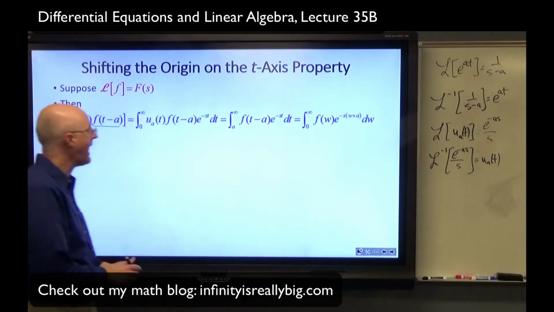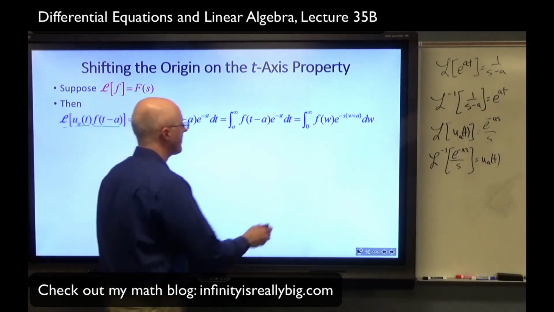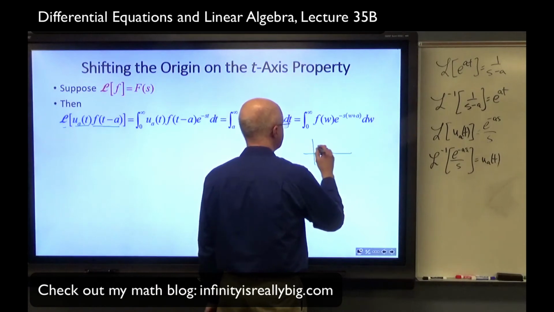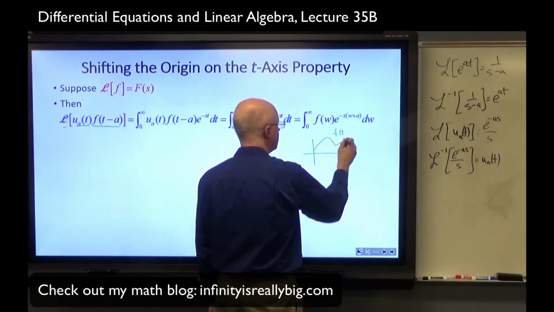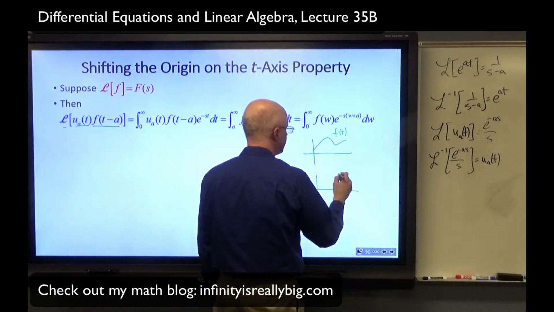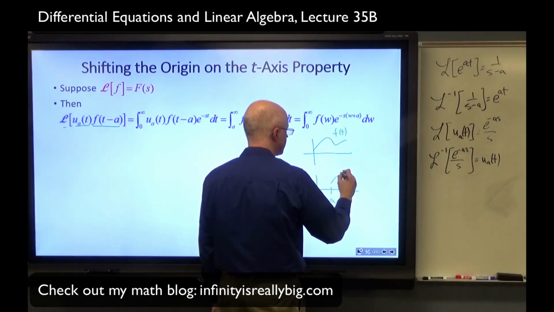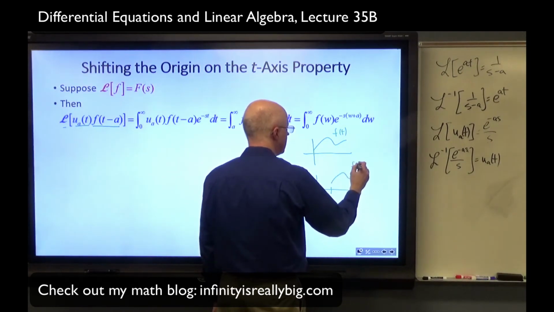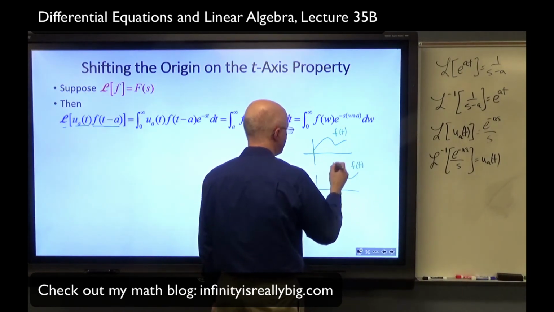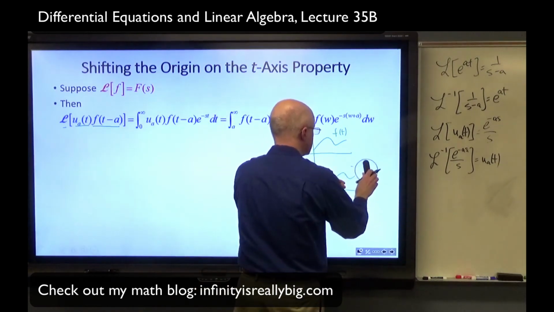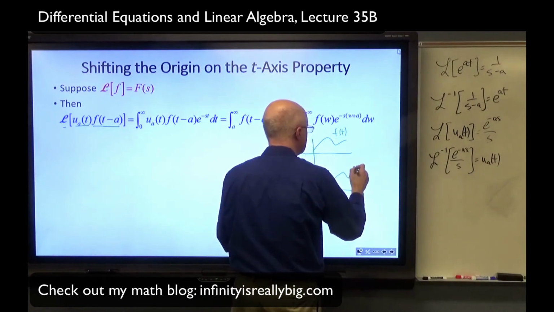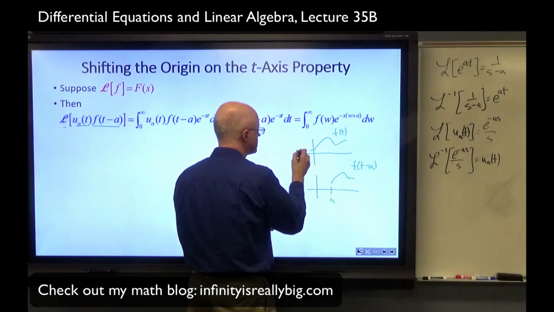In other words, if you graphed this product, if the graph of f looks like this, say, that's f of t, the graph of f of t minus a, if this is a right here, is going to be similar, just shifted to the right, something like this. I guess there'd be a piece of the graph initially to the left of the vertical axis in the first picture. Let's say it looks like this over here.